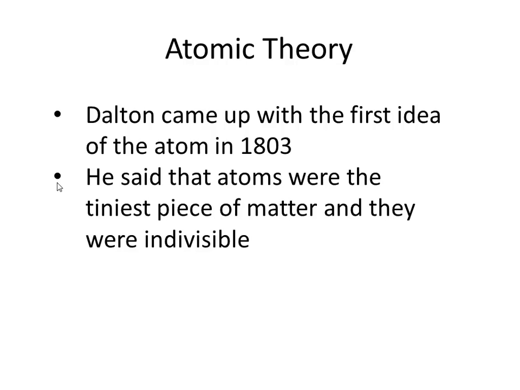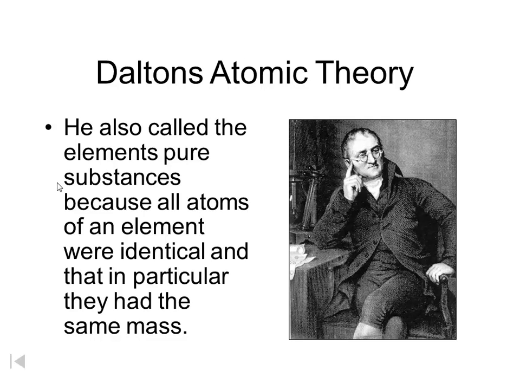Okay? So he called each type of Lego, or each type of atom, an element. Each element was defined by its size. So each different type of Lego was a different element. This is only partially true in terms of mass.